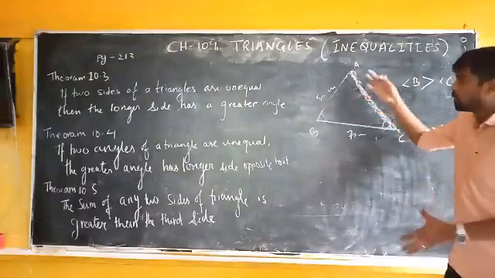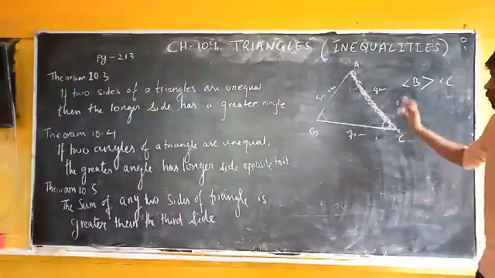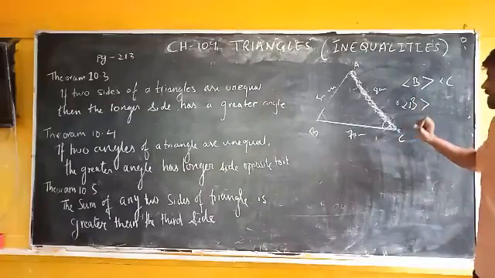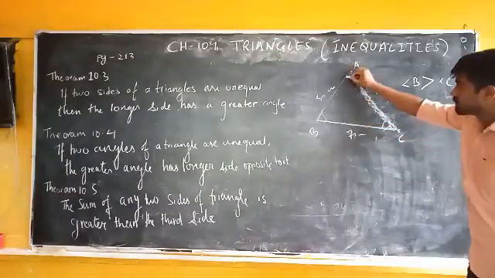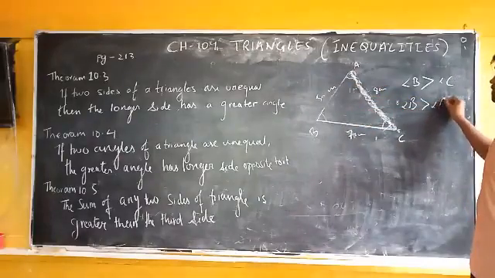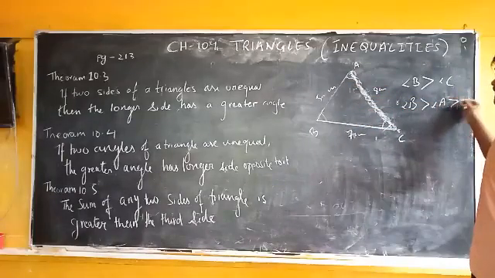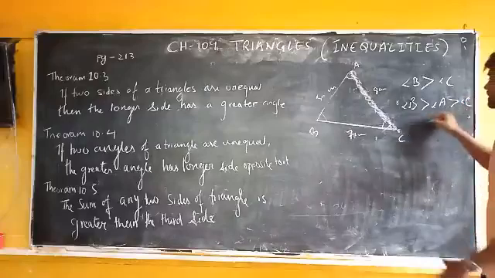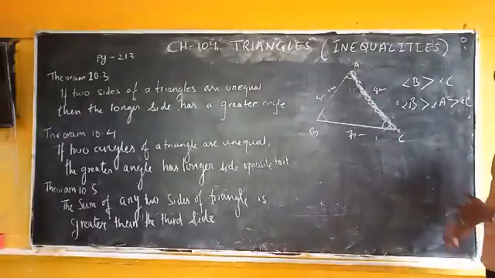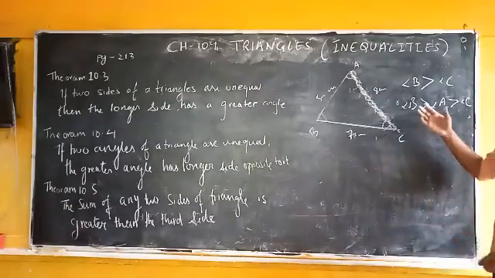If I have to put all the angles in sequence, which is the greatest angle? Angle B is the greatest angle. Then angle A is the second biggest, and the third one is angle C. So this is the descending order, biggest to smallest. Ascending means smallest to biggest.